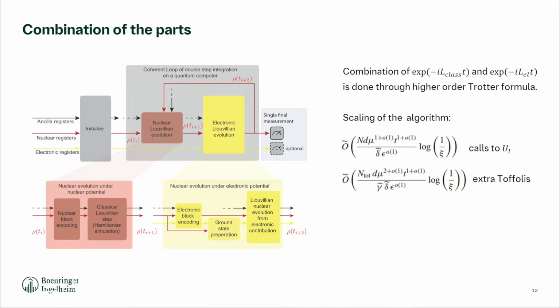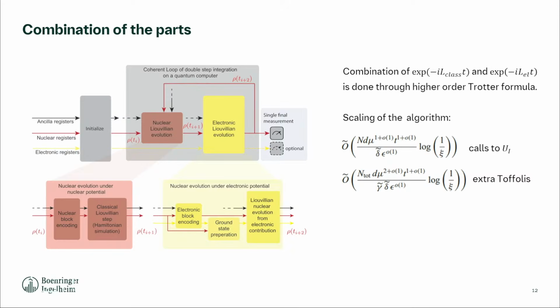So the evolution scales in this way, where n is the number of nuclei, mu is, I think, the maximum of the one norm of L classical and L electron, and we scale almost linear in time and linear with this one norm.